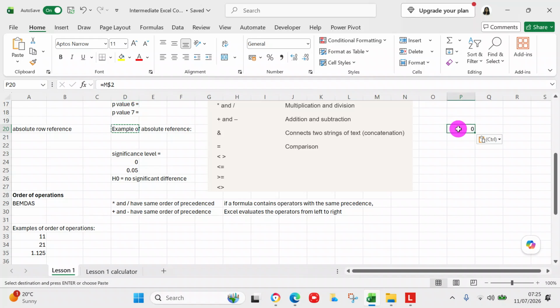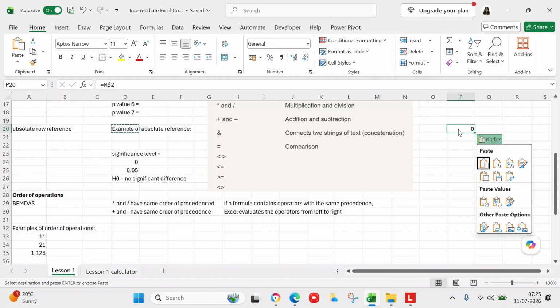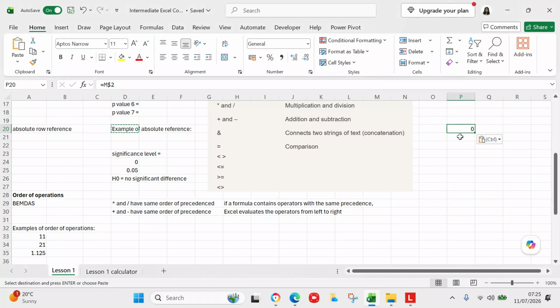Basically, the column has moved over because that's relative, but the row hasn't moved over. It's going to stay on $2. And you can copy that, Control C, and then we can paste it.